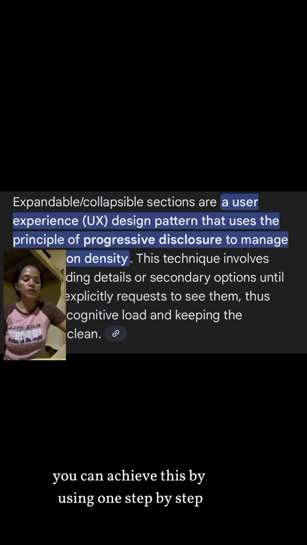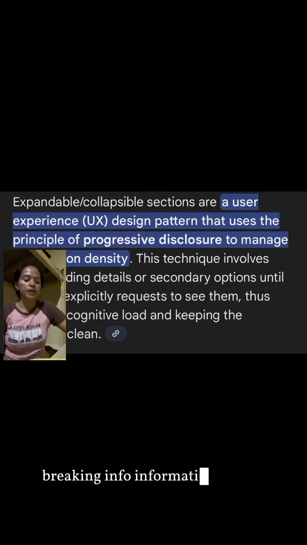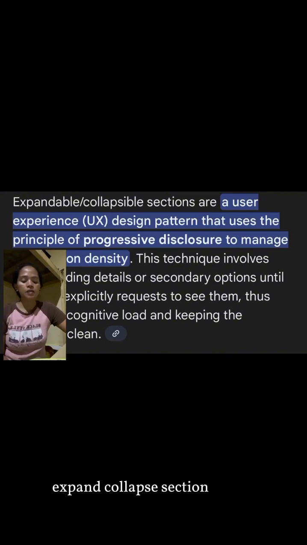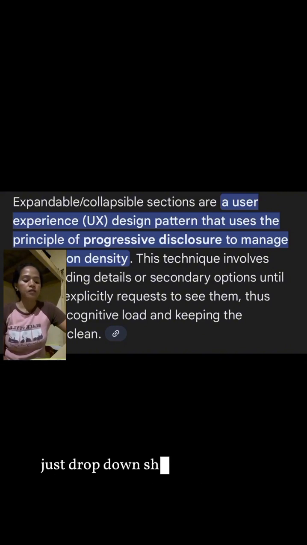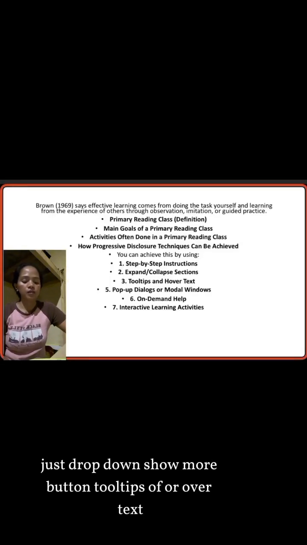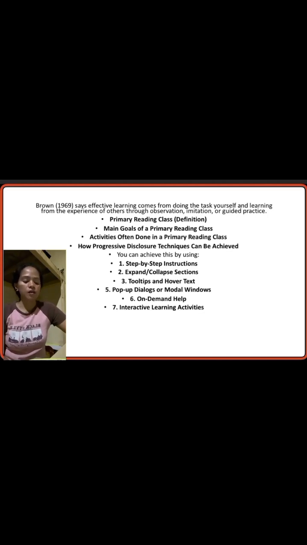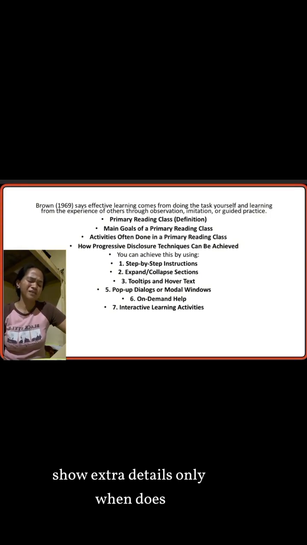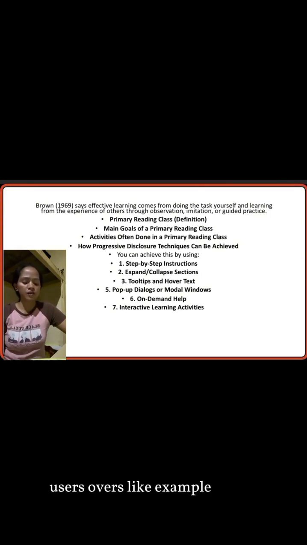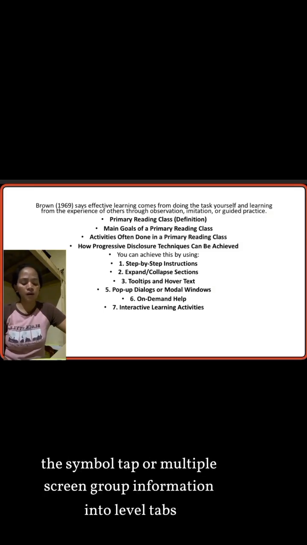You can achieve this by using step-by-step, breaking information into small, easy steps. Expand and collapse sections. Use drop-downs, show more buttons, tooltips, or hover text. Show extra details only when the user hovers, for example, the symbol.